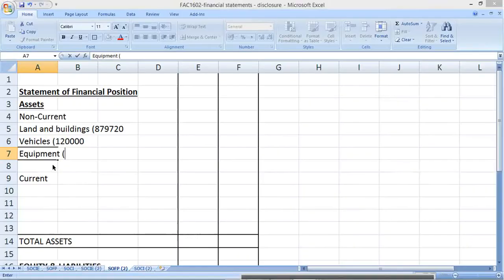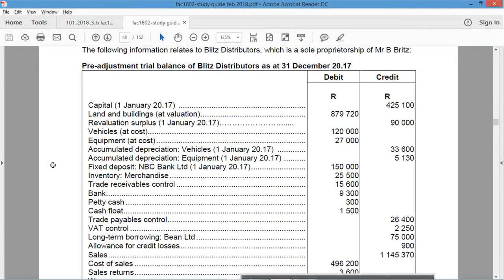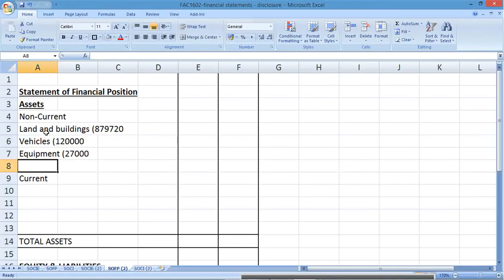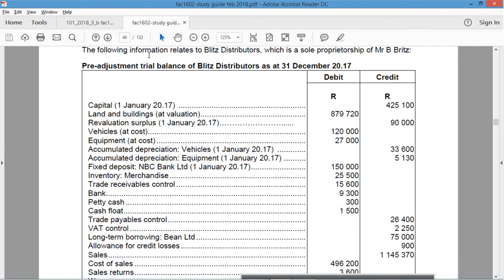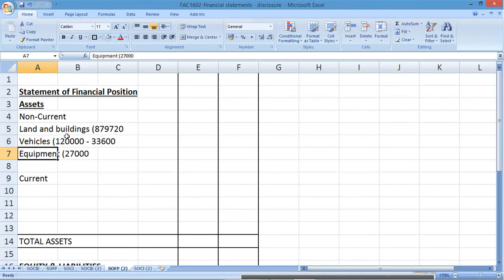That is 27,000. Accumulated depreciation, so you're going to have to minus it from the vehicles, so it's going to be 120,000 minus 33,600. And then 5,130 from equipment.